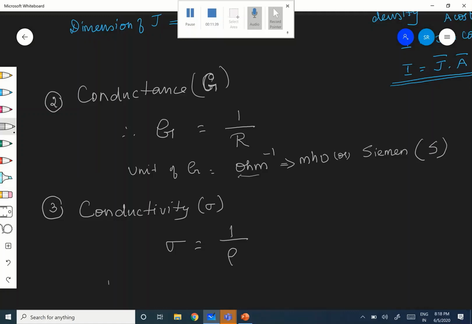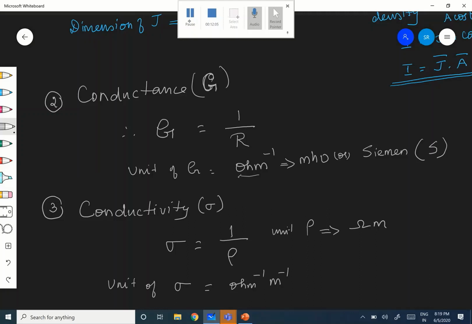Therefore, what is the unit of sigma? Rho unit is ohm meter. Therefore, the unit of sigma is 1 by rho, which means ohm inverse meter inverse, correct?